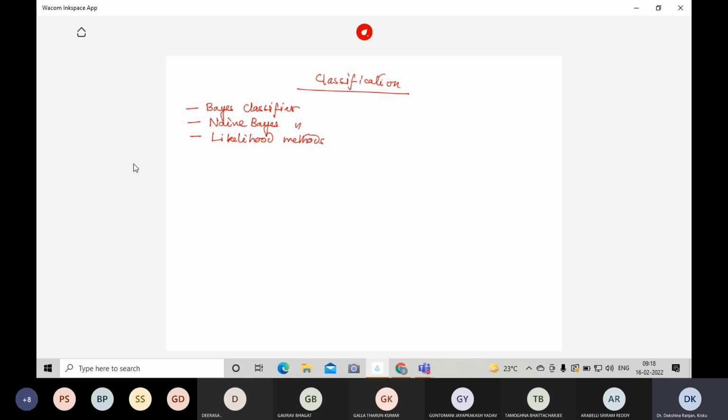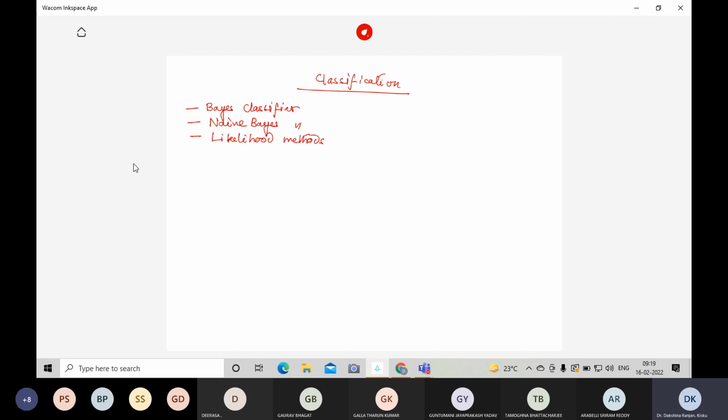Before we start with the Bayes classifier, we will study some preliminary notations that we are going to use in the Bayes classifier and other classifiers like Naïve Bayes classifiers and likelihood methods.